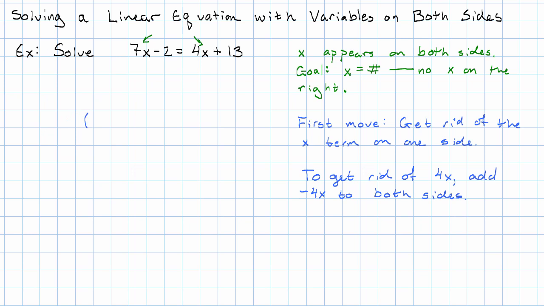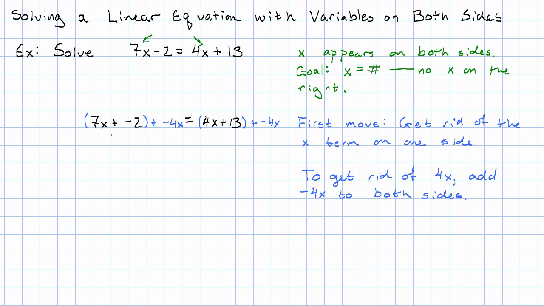So on the left, we'll have 7x plus negative 2 plus negative 4x. And on the right, we'll have 4x plus 13 plus negative 4x.